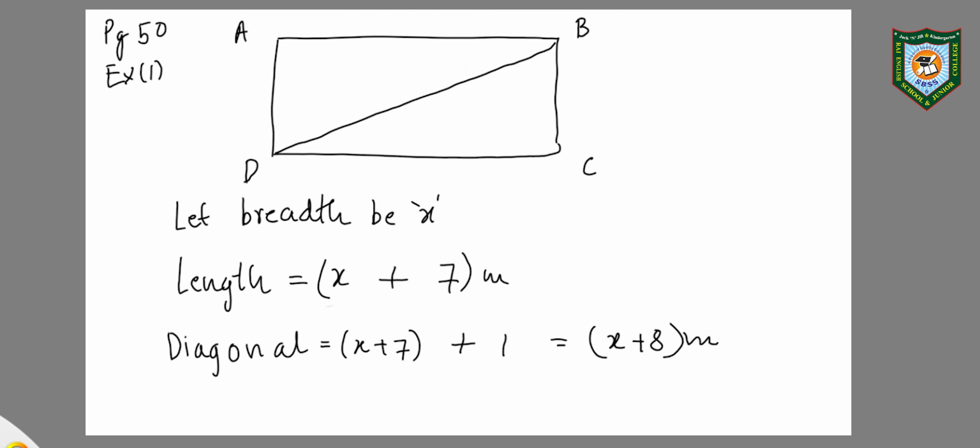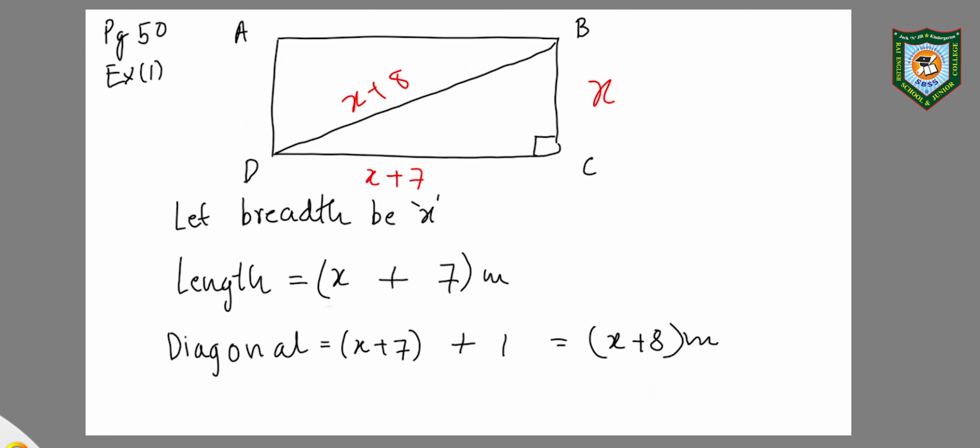Now as we know, if you draw a diagonal along a rectangle, it forms two right angle triangles. So in this case, the value of BC becomes x, the value of DC becomes x plus 7, and the value of BD becomes x plus 8.